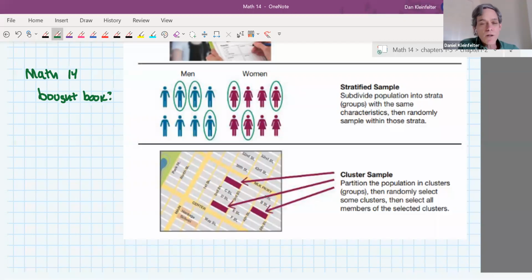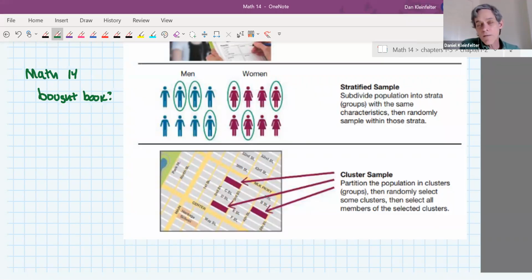So if we wanted to do stratified sampling, then we could take all the different sections of Math 14, my class, and then Professor McJilton's class and Professor Bartle's classes, take all the different classes, and then we'll ask 4 students from each of our classes. That would be an example of stratified sampling. There we've divided all the students into groups according to the characteristics, which is basically which class they belong to, and then taken some from each group.